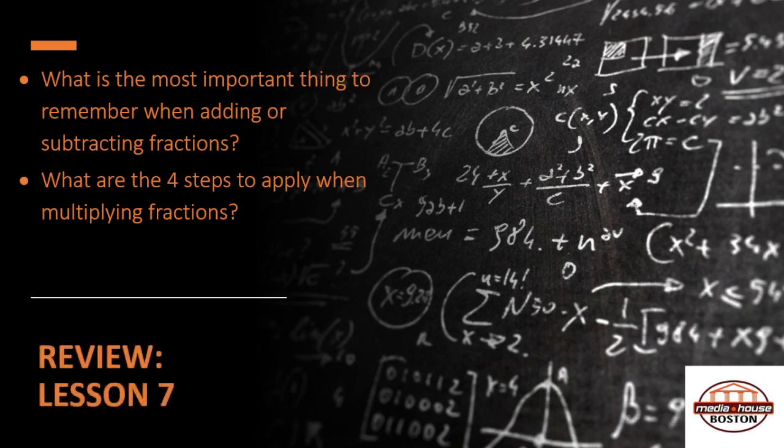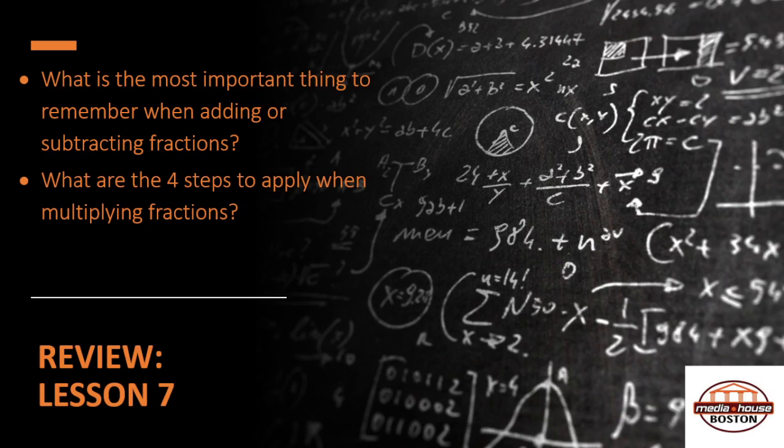Before we start with lesson 8, we're going to revise what we did in lesson 7, which will also help us understand the concepts in lesson 8 better. In lesson 7, we covered fractions using the 4 basic operations, including adding and subtracting fractions.